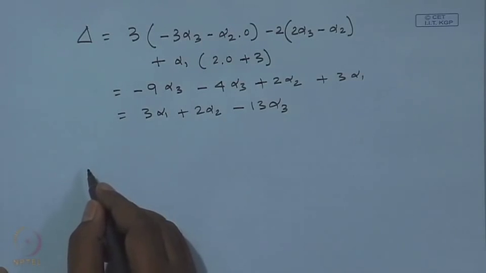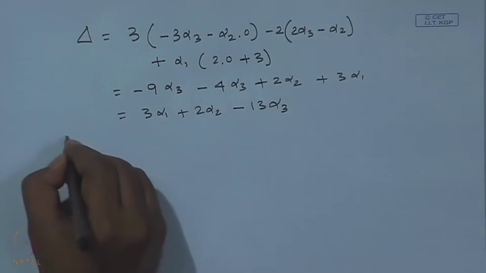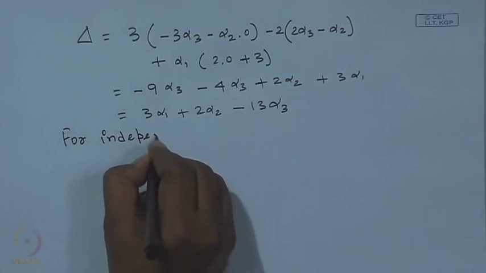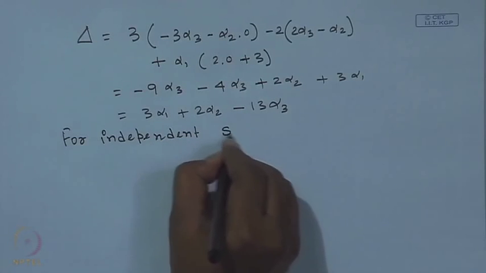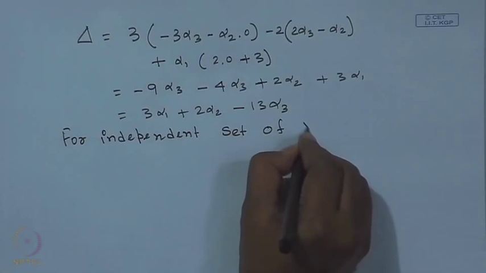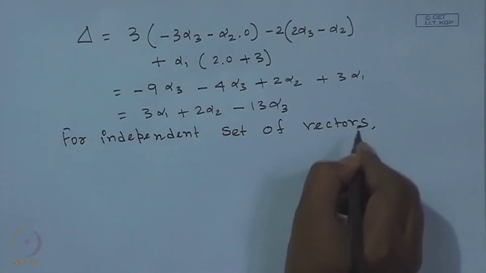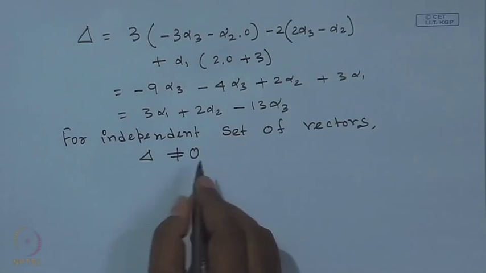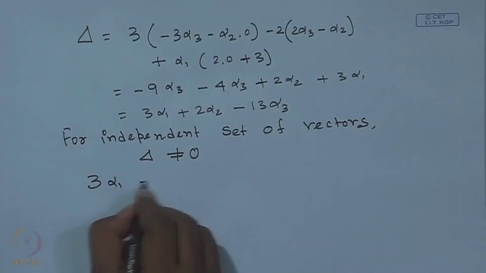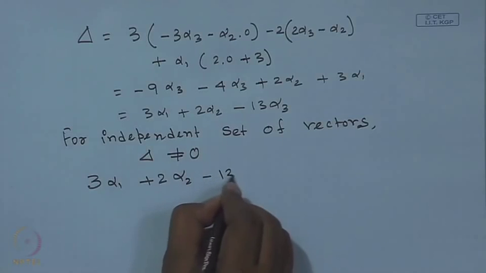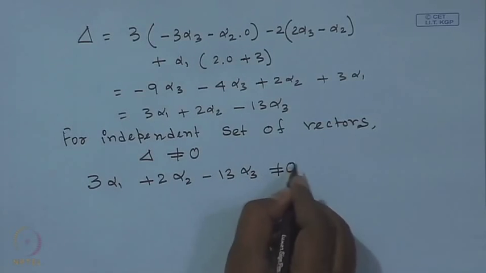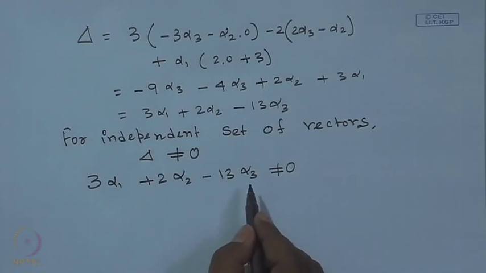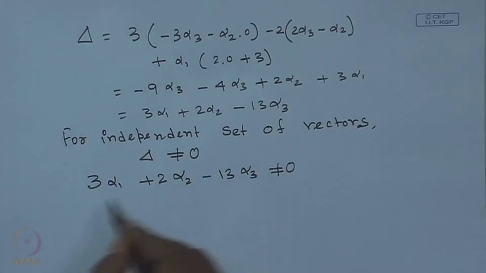Now, in order to get an independent set of vectors, the criterion is that the determinant cannot be equal to 0. Therefore, 3 alpha 1 plus 2 alpha 2 minus 13 alpha 3 should not be equal to 0. We can assume any values of alpha 1, alpha 2, alpha 3 such that this inequality is satisfied.